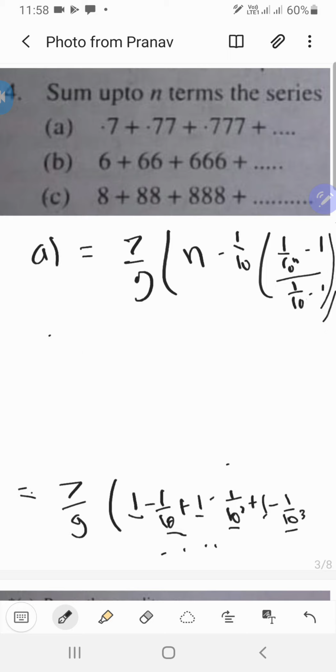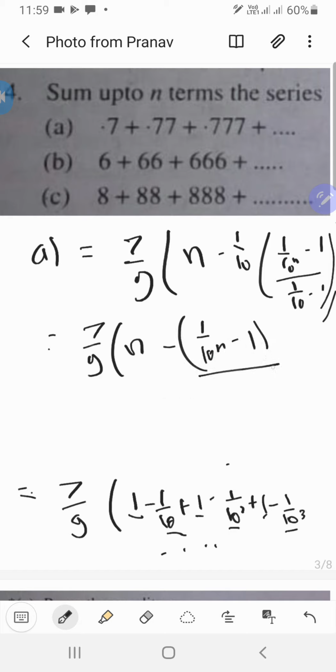This simplifies to 7 upon 9 of n, and then multiply the numerator and denominator by 10, you just get minus 1 by 10 to the n minus 1 upon minus 9.